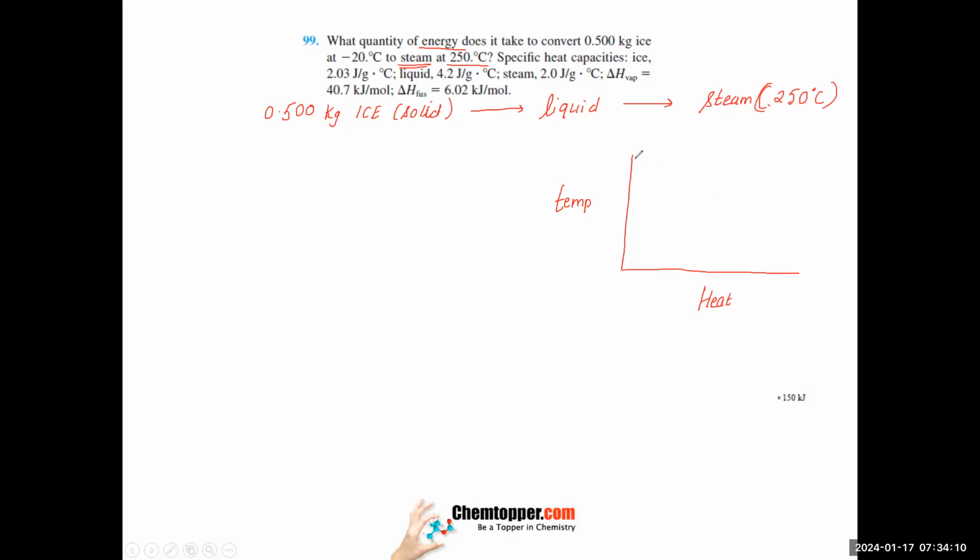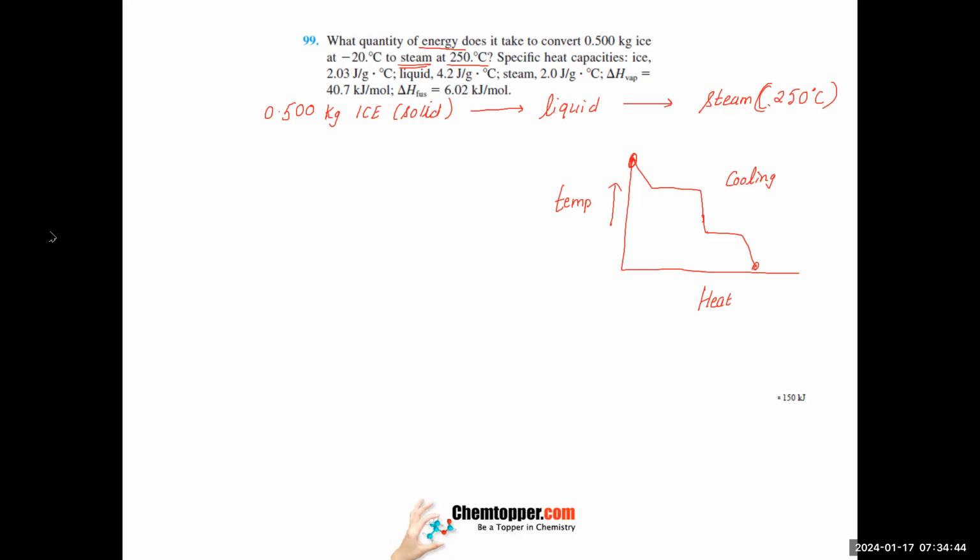If I make a curve like this, children, what is that curve called? Is it heating or cooling? High temperature to low temperature is like this. It's called a cooling curve. Yes, Aditi, very good. Cooling. You're going from high temperature to low temperature.